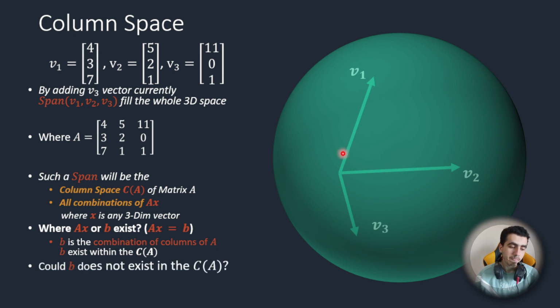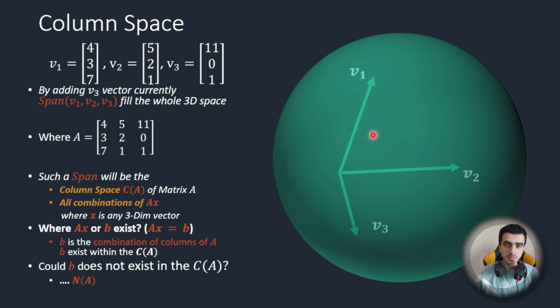Okay. And another question, which is somehow different, is what doesn't exist within this column space. Can we generate a vector out of this space? That's the question here. The answer is yes, which we call the null space. The null space is a different space.